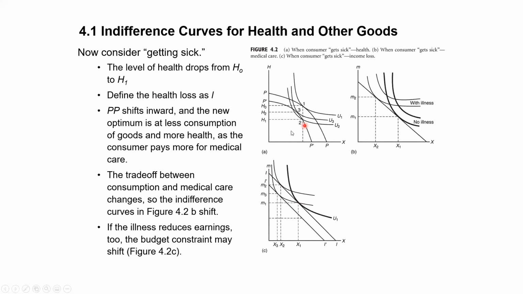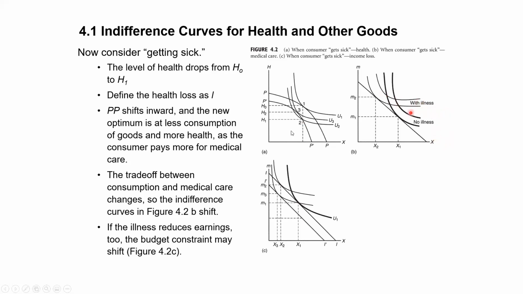So you define the health loss as I. So the PP curve shifts inward, and the new optimum is at less consumption of goods and more health as the consumer pays for more medical care. So there's a trade-off between consumption and medical care, so that the indifference curve shifts with illness.